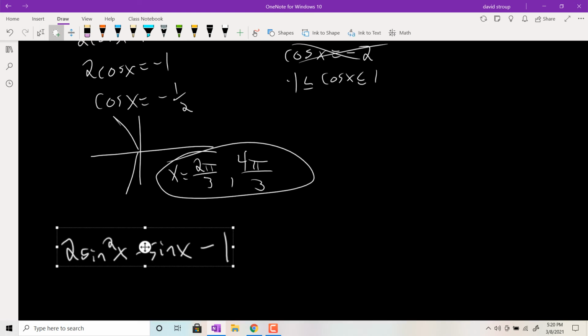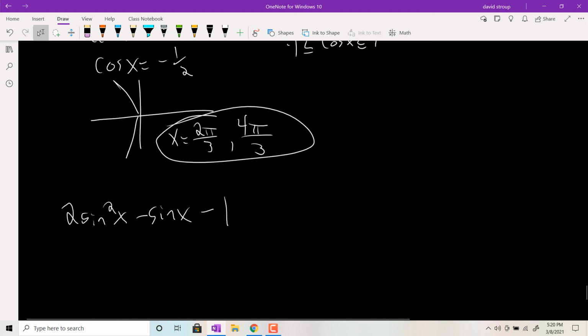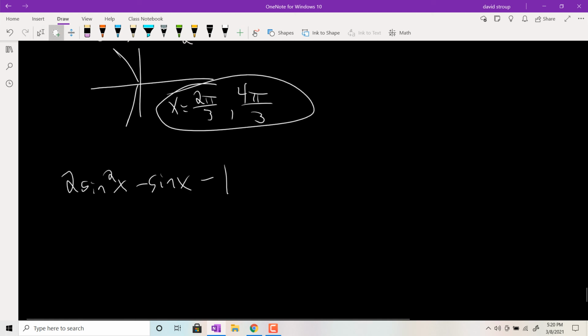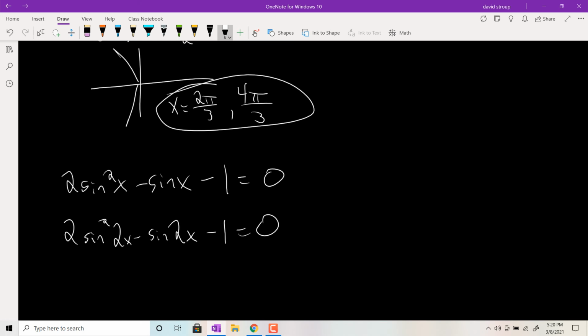Okay, so I'm going to change this a little, and you'll see in the interval from 0 to 2 pi, you have to be careful. So this would have been equal to 0. Let's just change it a little. So sine squared of 2x minus sine of 2x minus 1 equals 0.